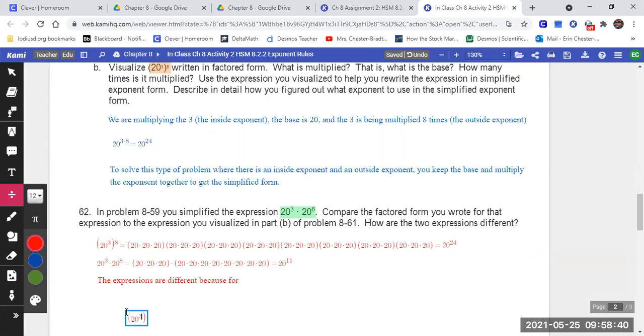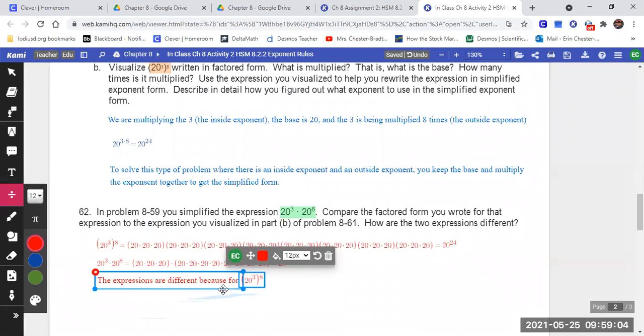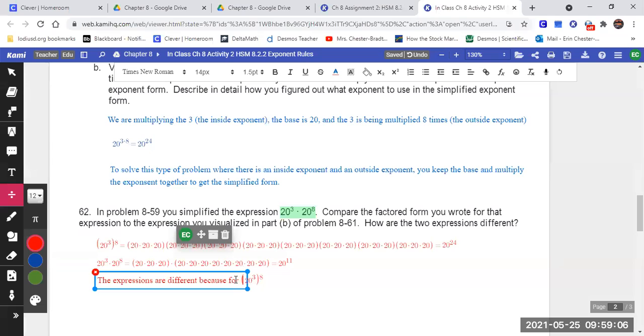So I'm getting the expressions written down so I can pick one. Okay. One is spread in chunks rather than all together. That would work. That's this one, right? 20 to the third to the eighth. For 20 to the third to the eighth, the factored form is in chunks.